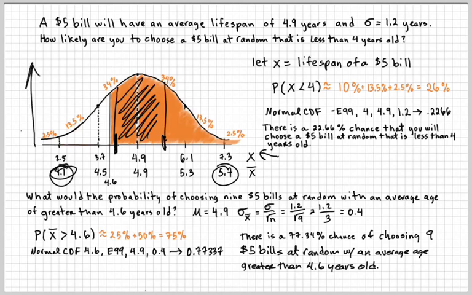Again, it's the frequency, right? There are not many, let's do this blue, there are not many $5 bills that are over here, not many $5 that are here, not many $5 that are here or here. But there are many $5 bills that are coming here from the middle, the average. The average is the balance point. The average is where the action is happening. The average is where most of the things are occurring.